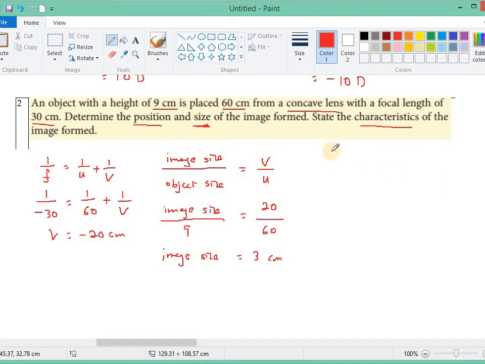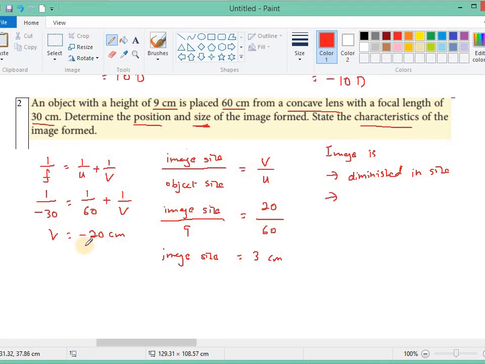So the image characteristic: whether it is bigger, smaller or the same size. The object size is 9 centimeter, the image size is 3 centimeter. So that means the image is diminished in size.